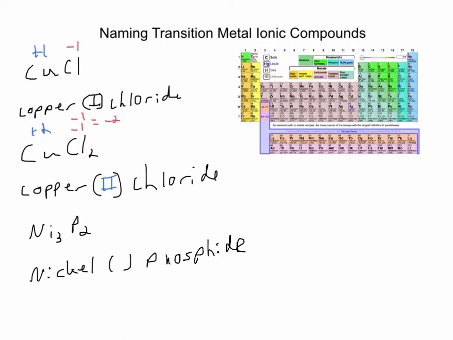So let's figure out the charge. What do we know? Well, we don't know nickel because it's a transition metal, but we do know phosphorus. Phosphorus is in group 15, so it has a charge of -3. But because we have 2 of the phosphides, we need 2 times -3, and in total that's going to equal -6.